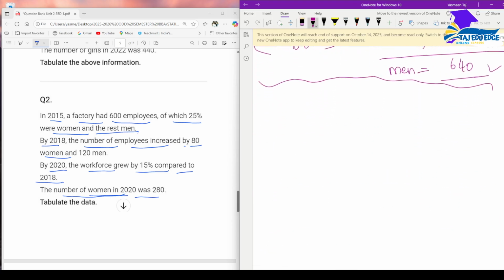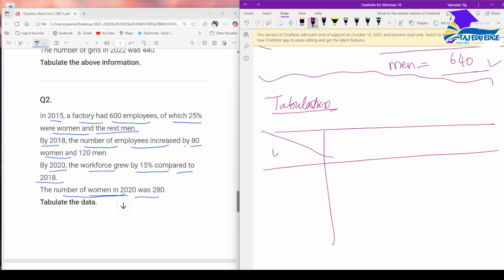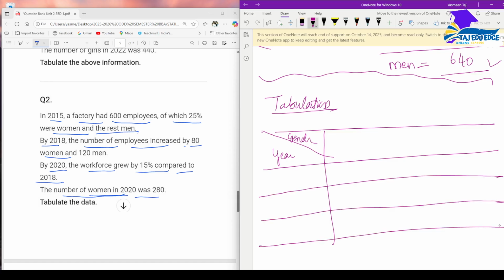Now we need to tabulate this. Tabulation. Year, gender, women employees, men employees, total employees.